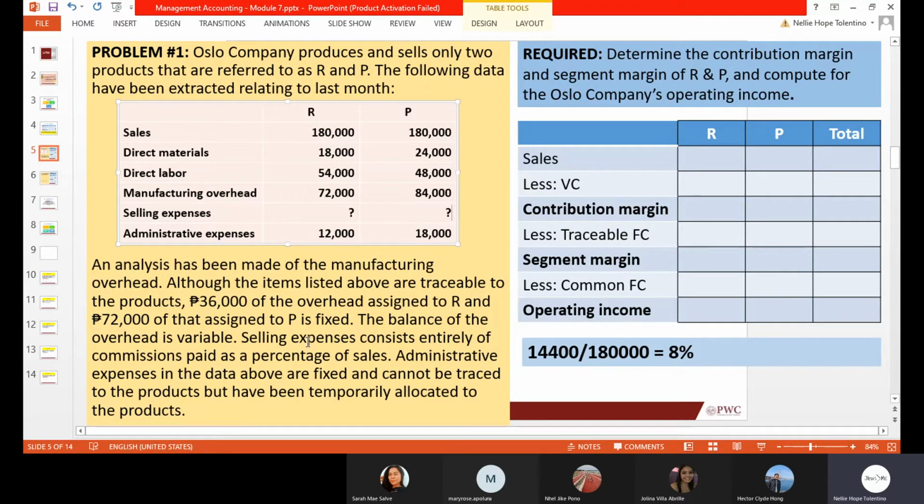Tapos sasabihin, selling expenses is 8% of sales. So magko-compute ka, 180,000 times 8%. Ganun pa rin naman yung result. But I'm trying to explain to you how you can easily compute for problems like this. Kapag tinanong ilang percentage ang selling expenses of sales, you simply divide 14,400 divided by 180,000.